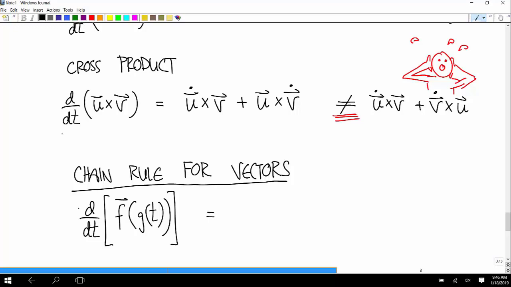And this is equal to the derivative of vector f with respect to g times dg dt. So it works just like scalar chain rule, just that one of those derivatives, the df dg, is still going to be a vector. And then you're multiplying that vector by this scalar.